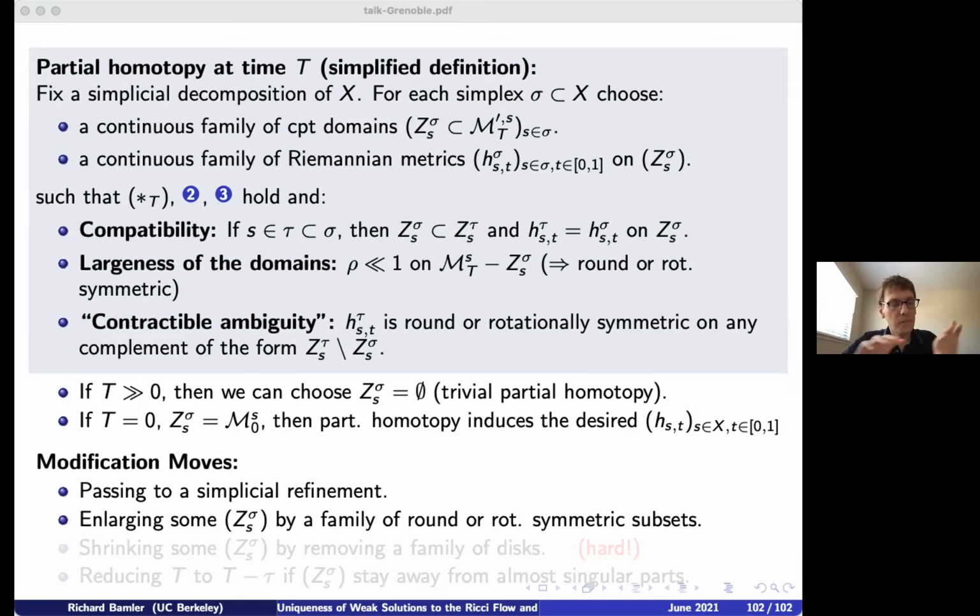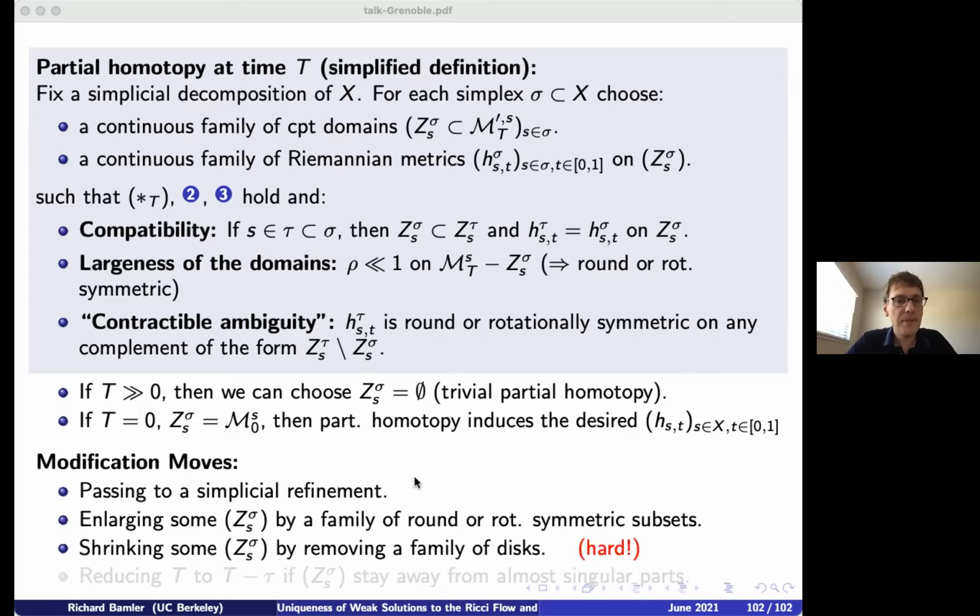Whenever we have to add a subset that was just singular or almost singular a step ago, it still needs to be rotationally symmetric, and then we can just add this back in. And due to this contractible ambiguity property, it's somehow possible to do some kind of extension over the skeleton.